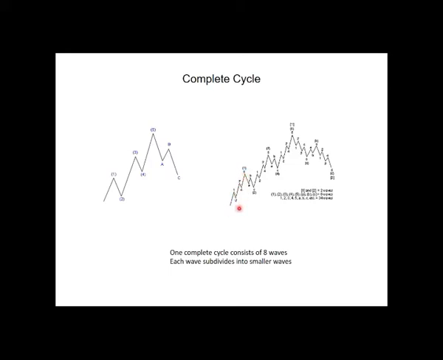Okay. So every time the market moves in the direction of the main trend, we've got 5 waves, but inside each wave up, we also have 5 waves.